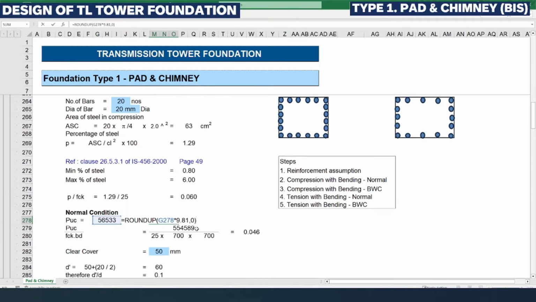We convert that into Newton by multiplying by 9.81.